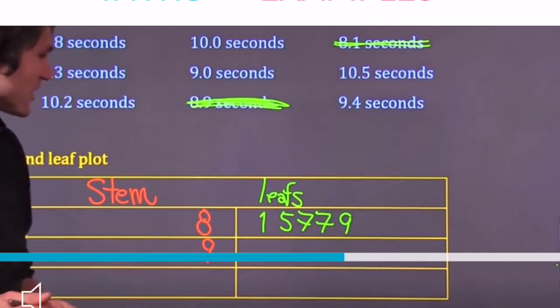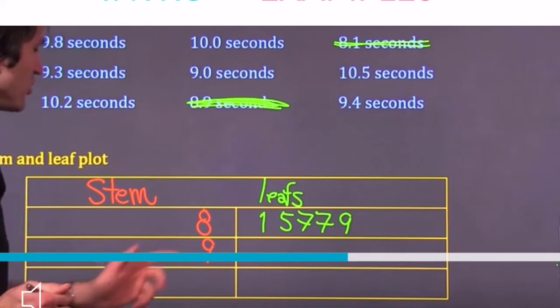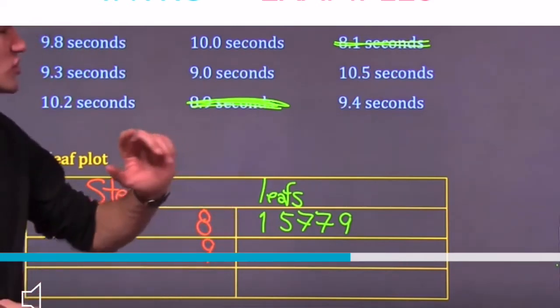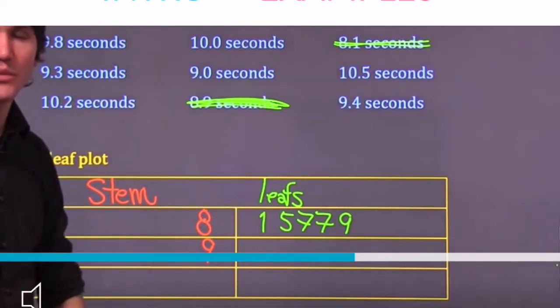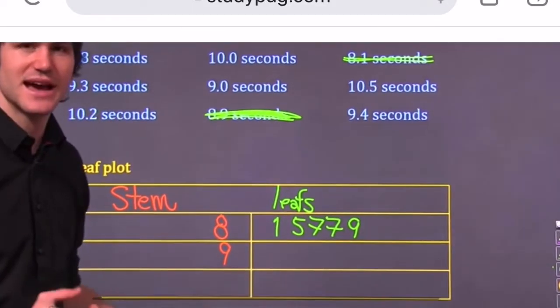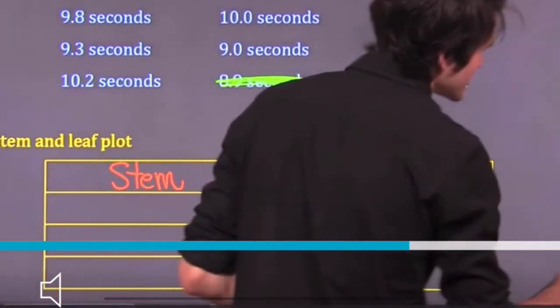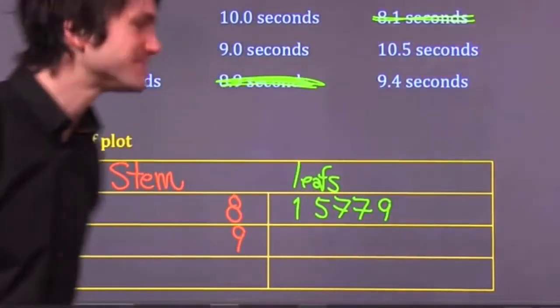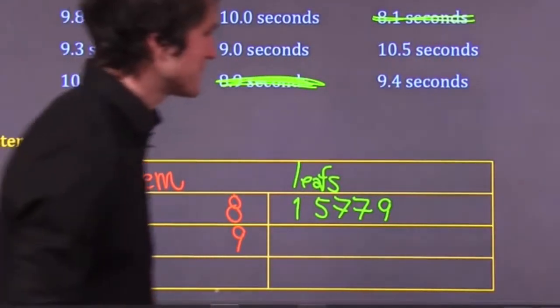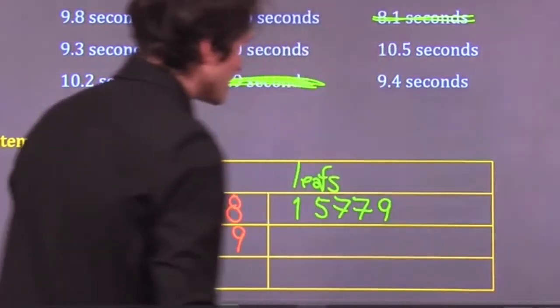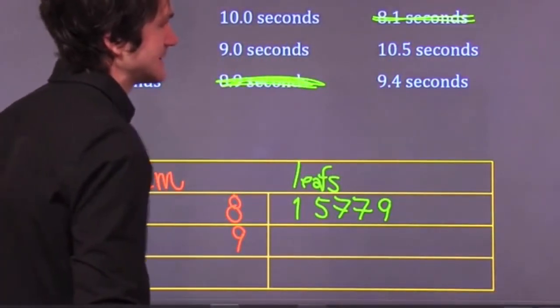So our next stem is all numbers which took something like 9 point something seconds to finish this 100-meter race, which is somewhere between 9 to 10 seconds. All right, let's do that exact same thing again. Let's look at all the swimmers who took 9 seconds.